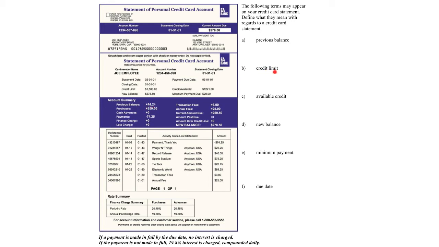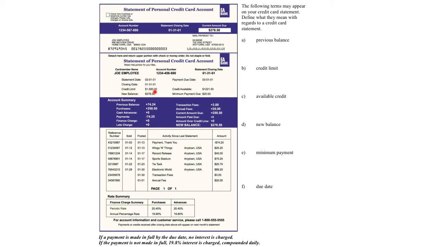The credit limit is the amount that you're allowed to borrow, the maximum amount. You've heard of perhaps people maxing out their credit card. Well, that just means they've reached their limit. They're not allowed to borrow any more money. So here we see for this credit card, the credit limit is $1,500.